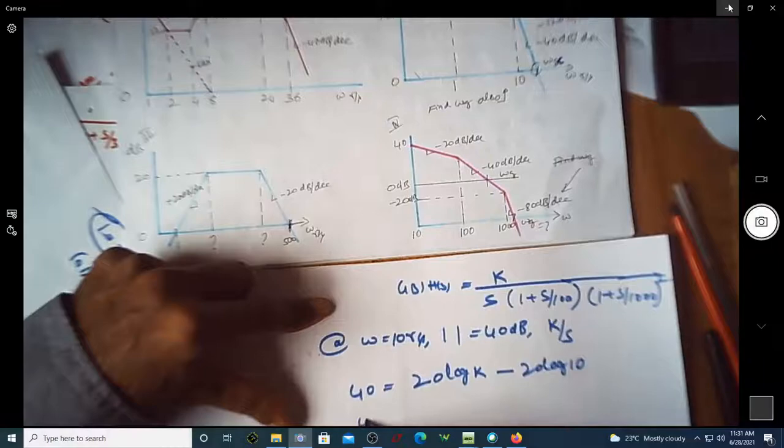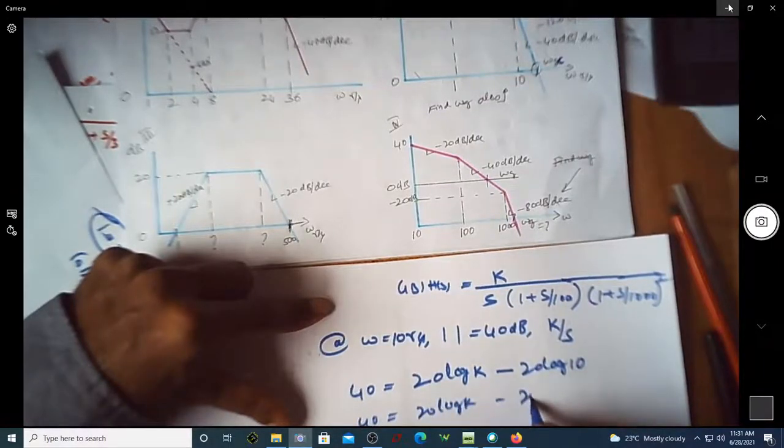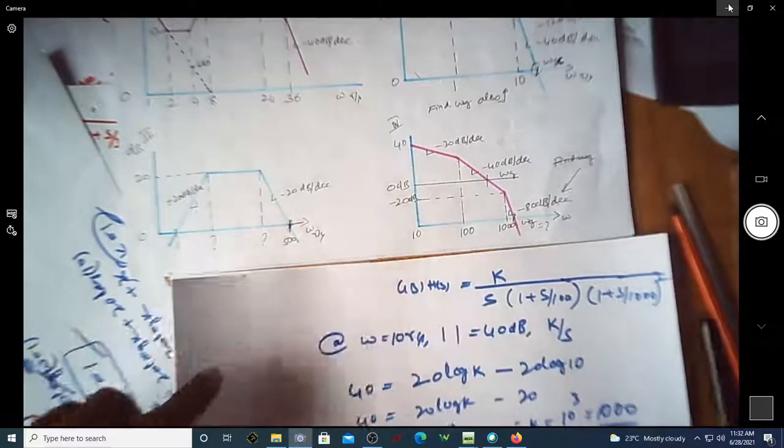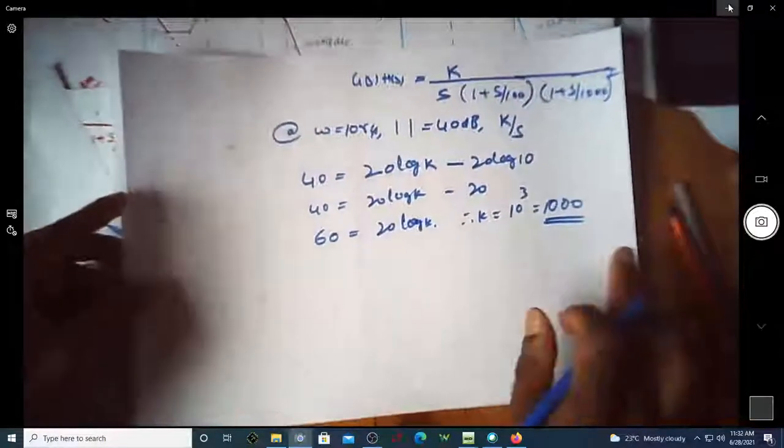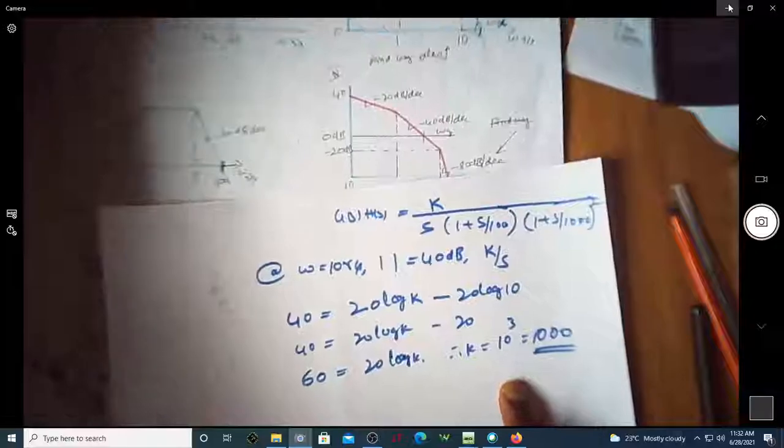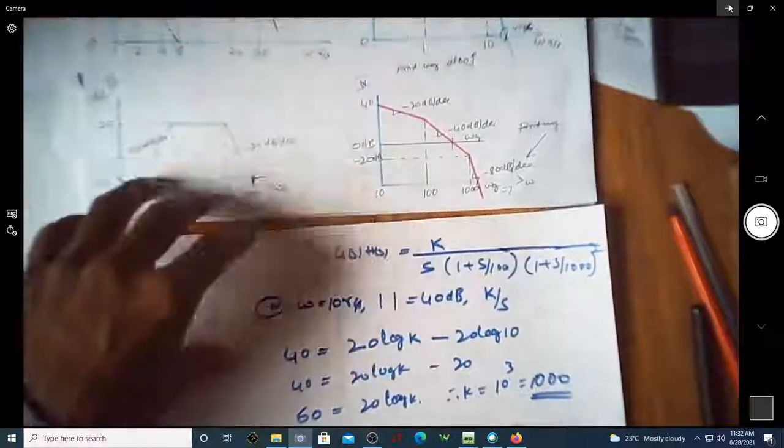So this becomes 40 is equal to 20 log k minus 20, so 60 is equal to 20 log of k. Therefore k is equal to 10 to the power of 3, which is 1000. So for this particular problem, the value of k is equal to 1000.